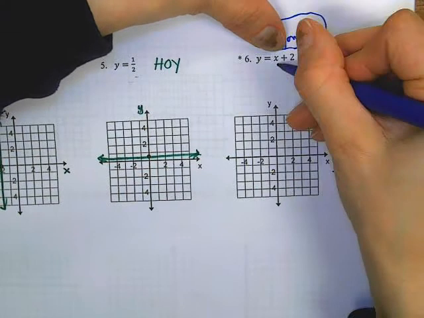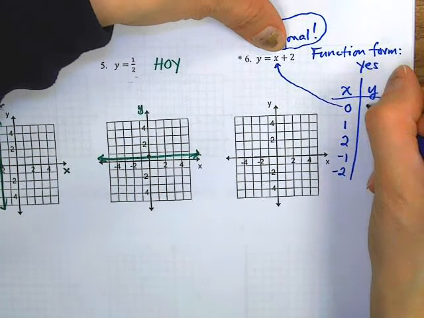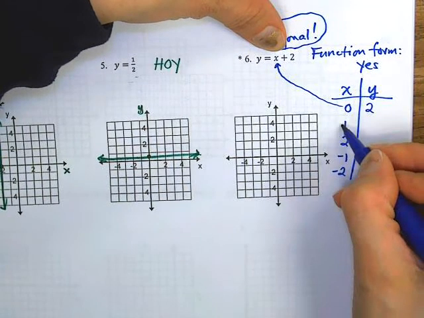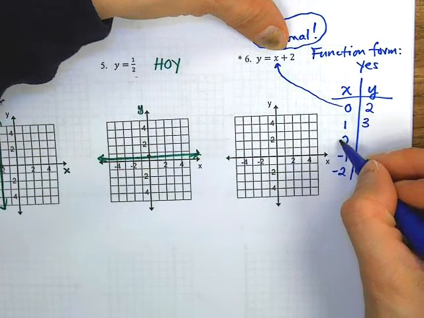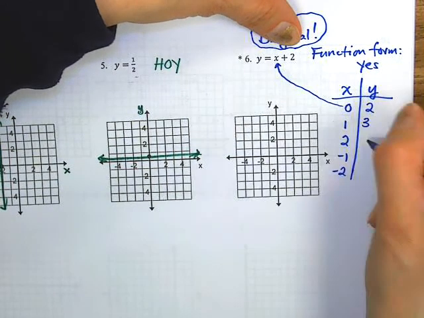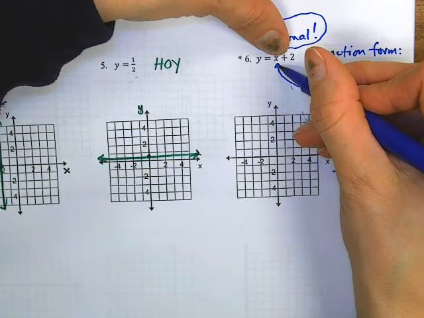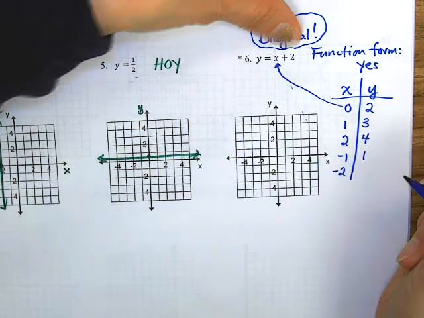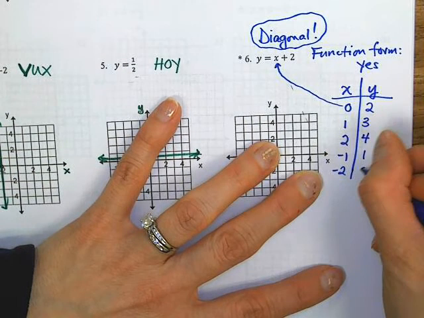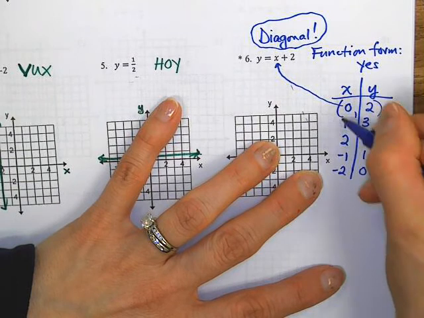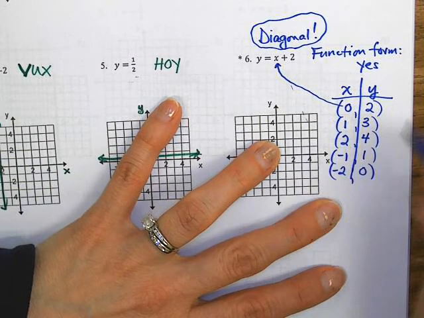If I plug 0 into the x, 0 plus 2 is 2. 1 plus 2 is 3. 2 plus 2 is 4. Negative 1 plus 2 is 1. Negative 2 plus 2 is 0. So here are the points, and this is going to make a diagonal line.